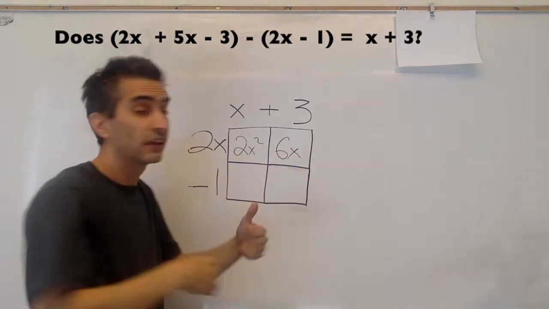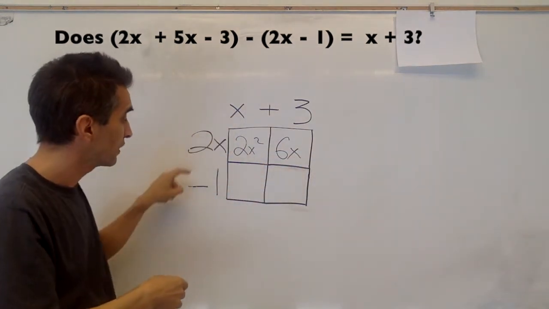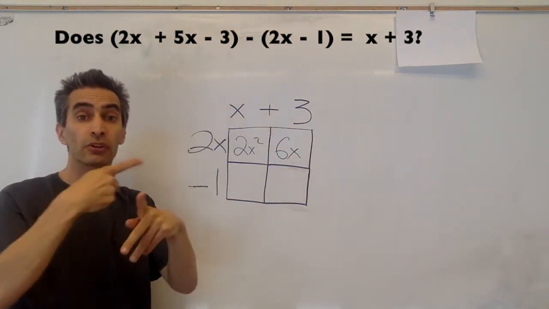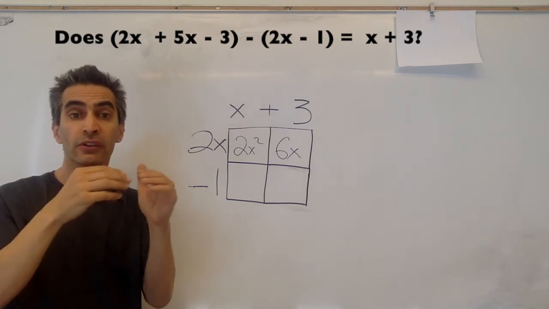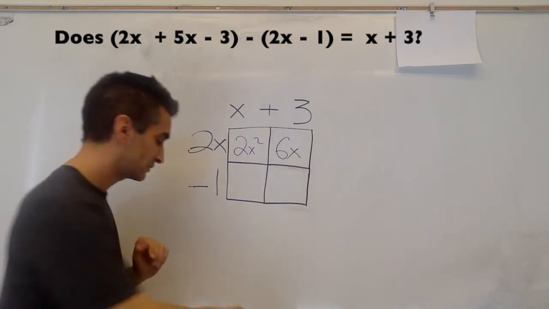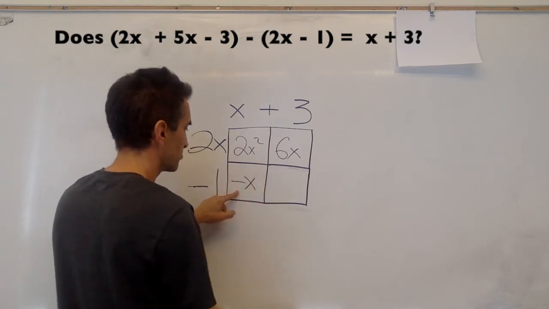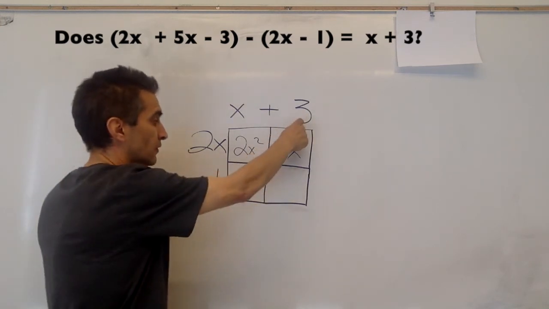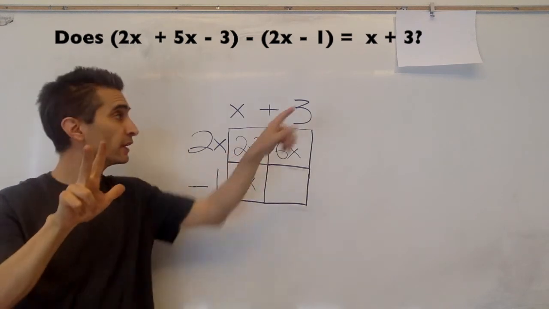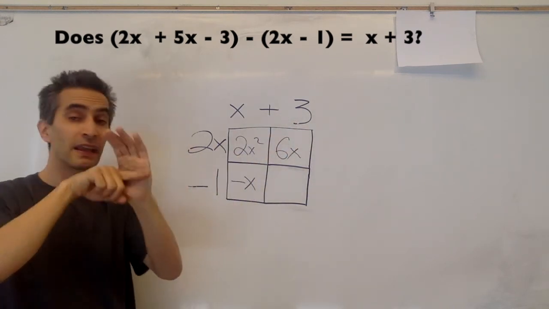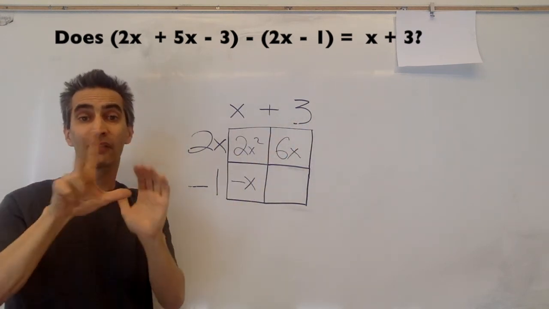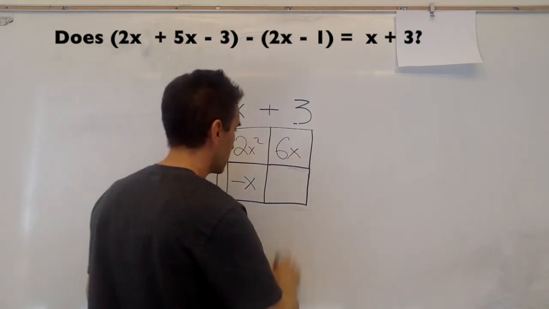Goes right here in the upper right-hand corner. Next, we've got x times negative 1, and that's going to equal negative x. Goes right here in the lower left-hand corner. And then finally, we've got 3 times negative 1, and that's going to equal negative 3.